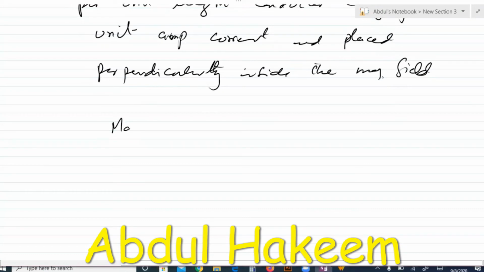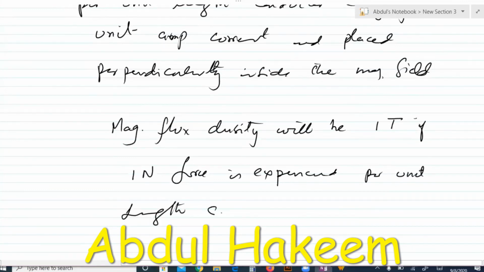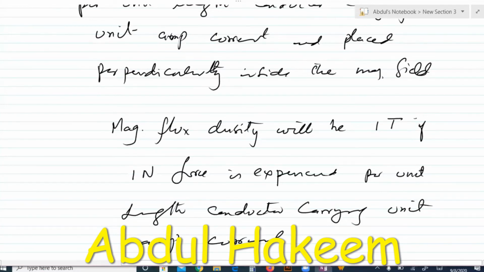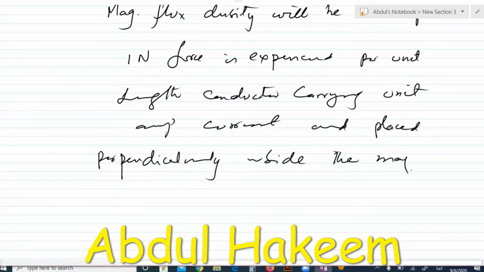Now suppose the statement is: magnetic flux density will be 1 Tesla if 1 Newton force is experienced per unit length of conductor carrying unit ampere current and placed perpendicularly inside the magnetic field.